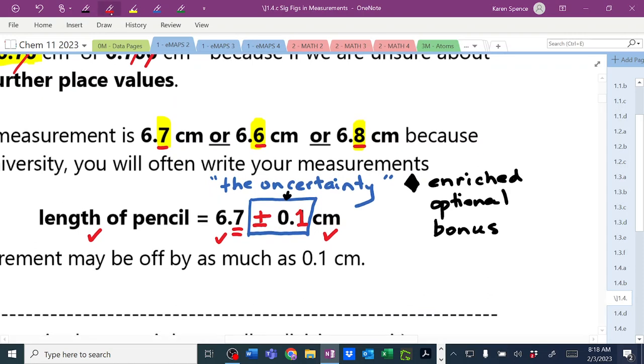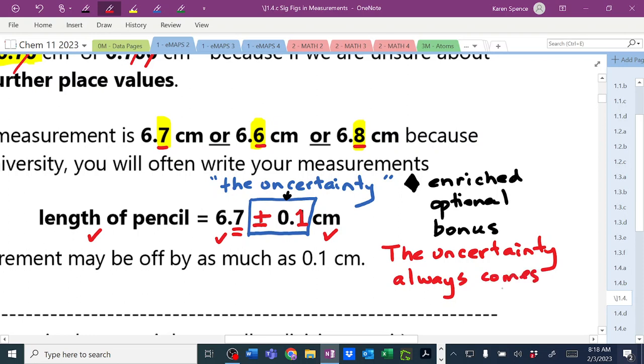Now, one thing to note is the uncertainty always comes before the unit.